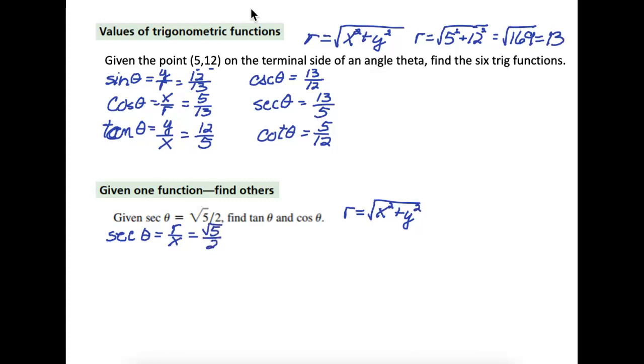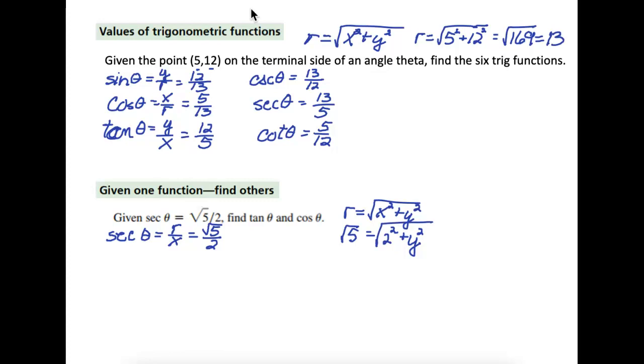So I know r is square root of 5 and x is 2. So let's plug that in. r is the square root of 5 and x is 2. And we're going to try to figure out what y is. Oh, that's underneath this radical.